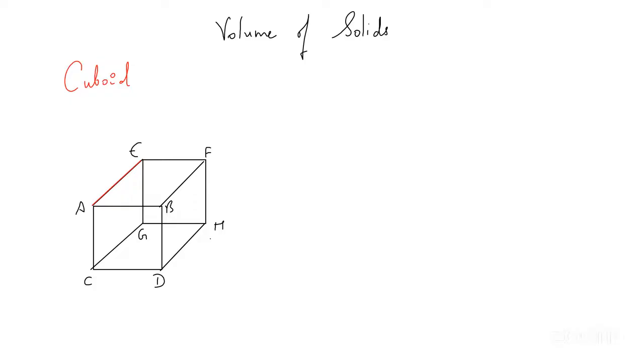See, we have A, B, C, D, then E, F, G, and H. These 8 points are known as vertices.